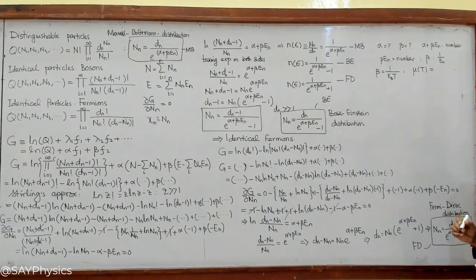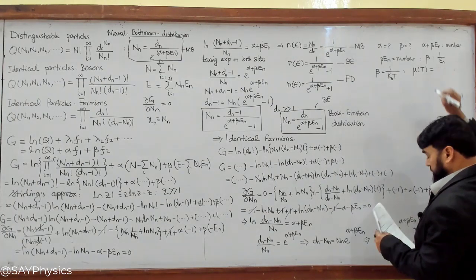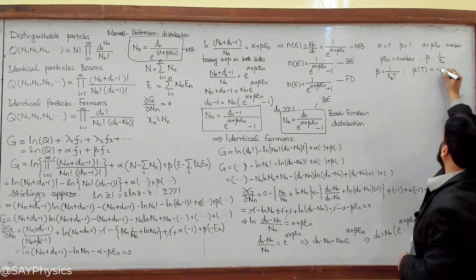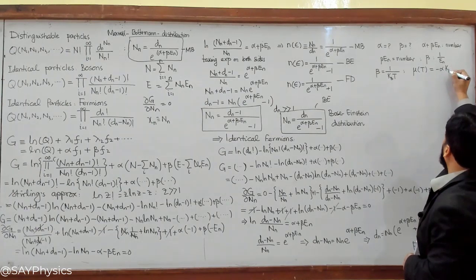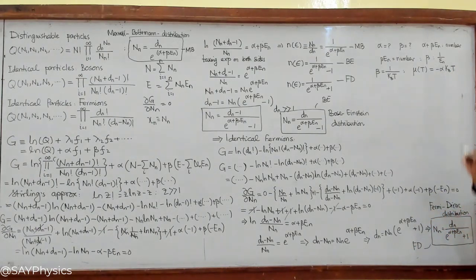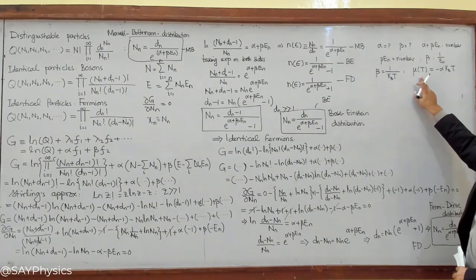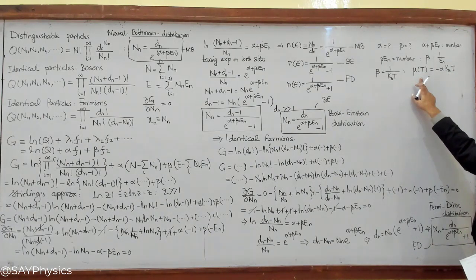Chemical potential, and I will explain what chemical potential is. Mu of T is equal to minus alpha times kBT. So now, if this is mu of T, then alpha is mu of T divided by kBT.